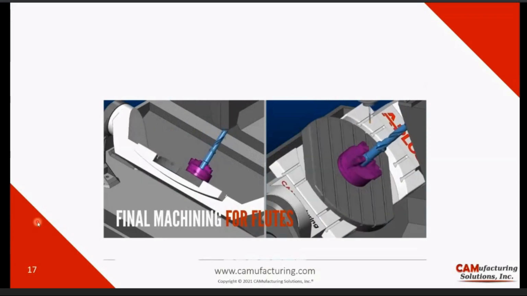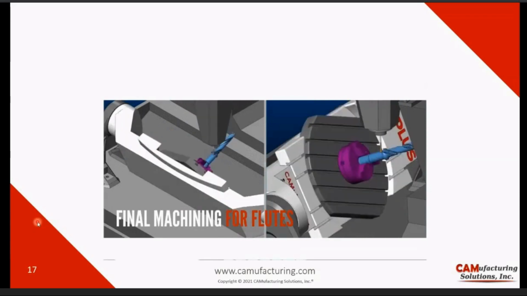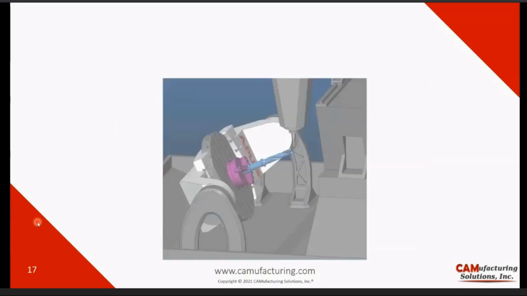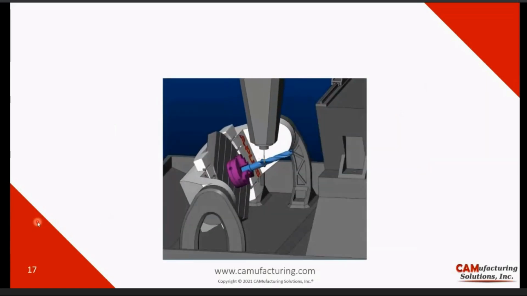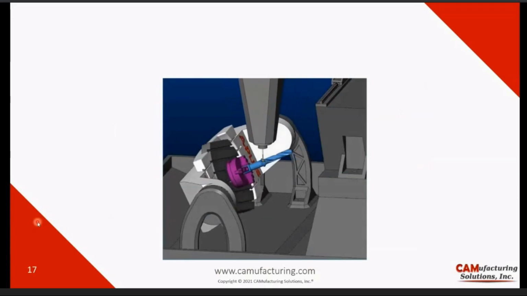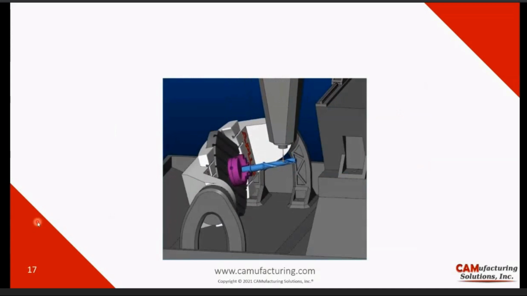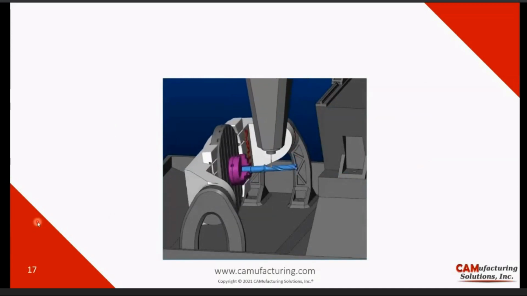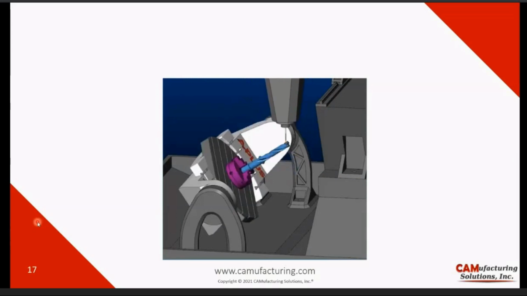One of the great features of A+, as I mentioned earlier, is AM part model, because not only will it simulate the final part that you will have after doing your DED, it also shows you every single layer and every single bead on those layers. So you have complete control over what you're doing. If it's not what you desire, you can change it.